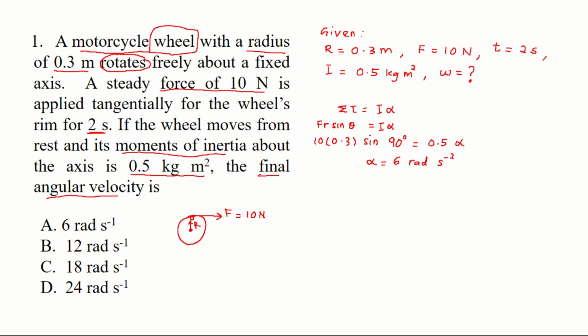So now we can calculate the final angular velocity. You can use the equation omega equals omega naught plus alpha t.